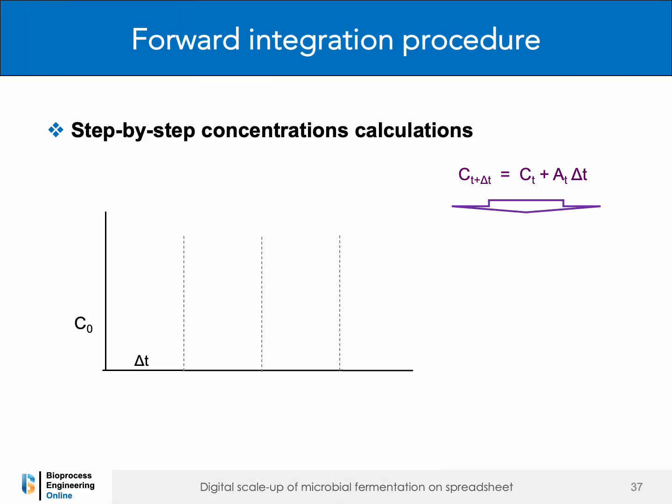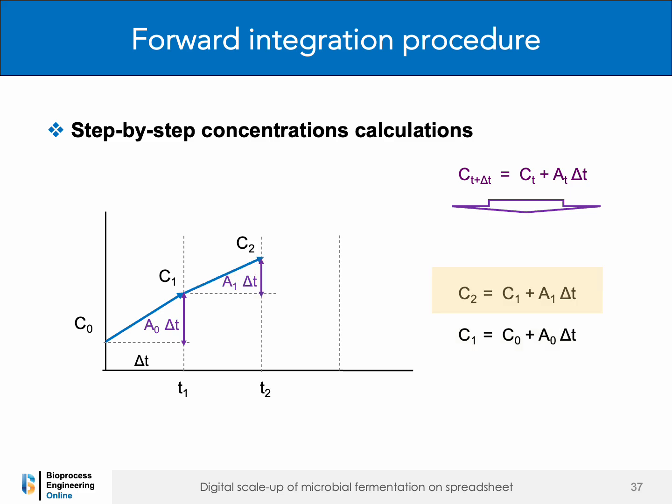The difference relation between the concentrations at time t and t plus delta t is used in the following way to carry out the numerical integration. The integration is started from the initial concentration C0. The slope A0 is calculated at time 0, and the concentration C1 at the following time T1 is determined by adding to C0 the concentration increment A0 delta t.